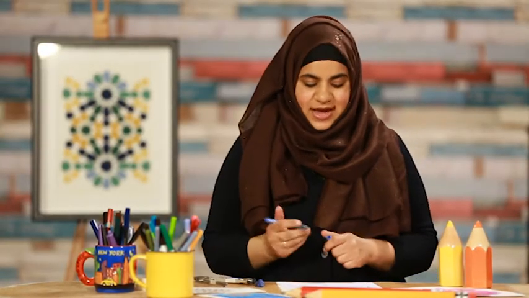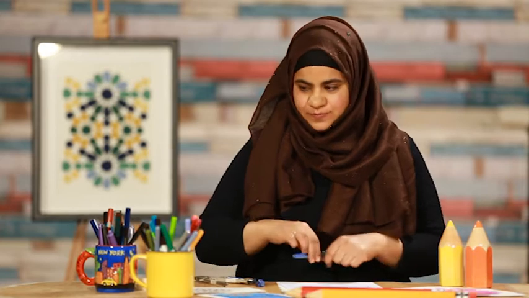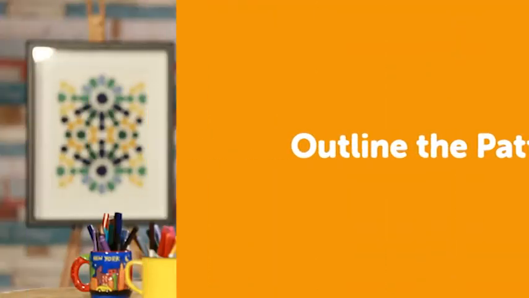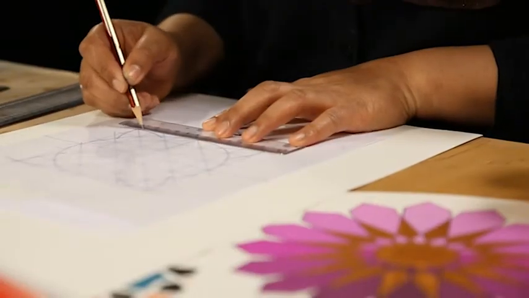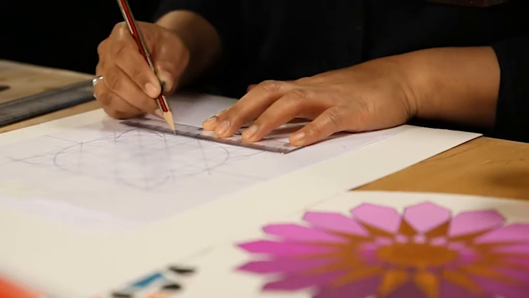We can now outline the actual pattern. Firstly, the outline of the square tile. You can do this in a dotted line, as you will erase it afterwards.